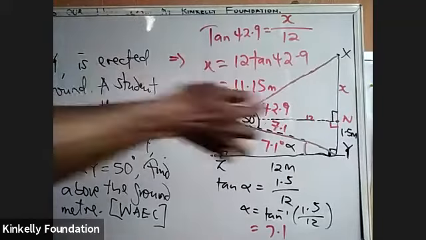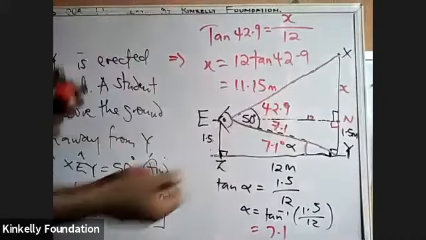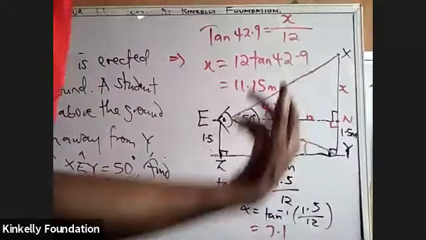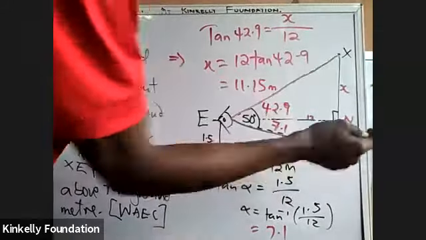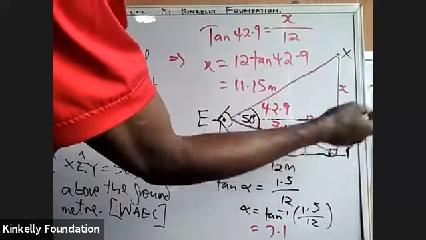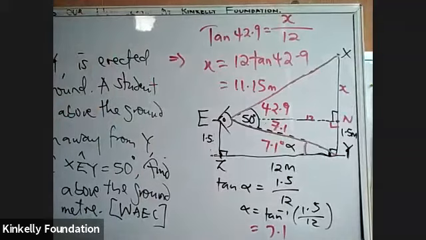We have got this only from here to here as 11.15 meters. But we are asked to find XY, which is 11.15 meters plus 1.5 meters. Do you understand now?